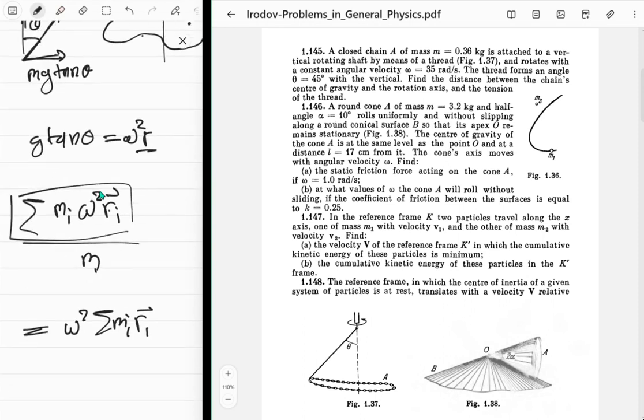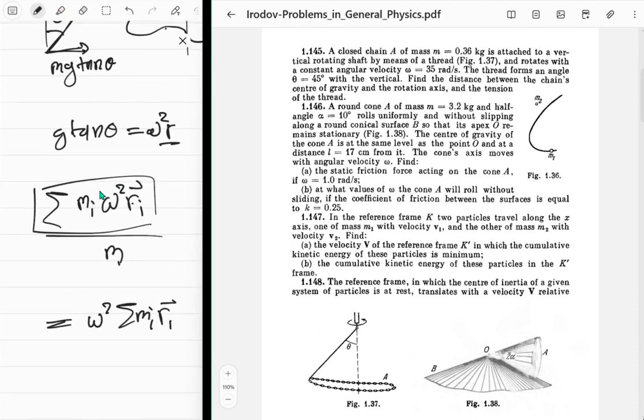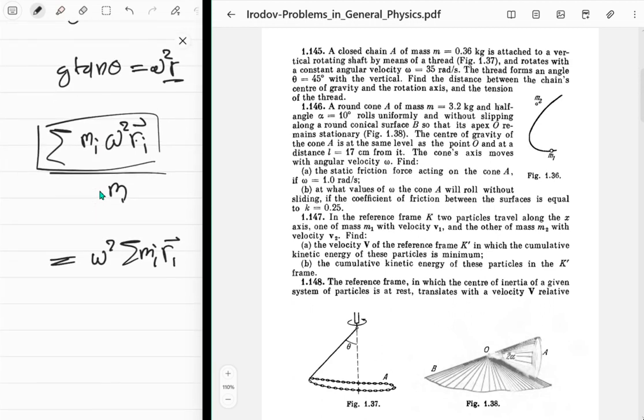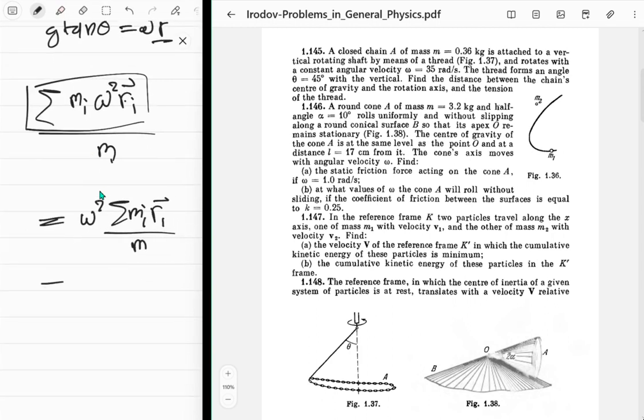There's only centrifugal force, nothing else. So the total force upon m is omega squared times the summation, and this thing upon mass is just going to be omega squared times the xy radius vector of the center of mass.